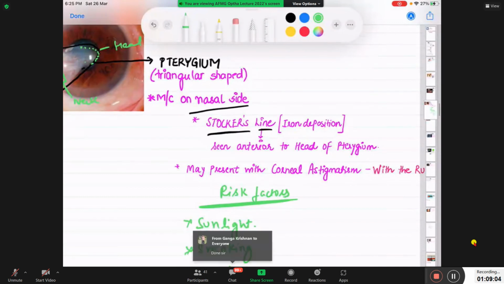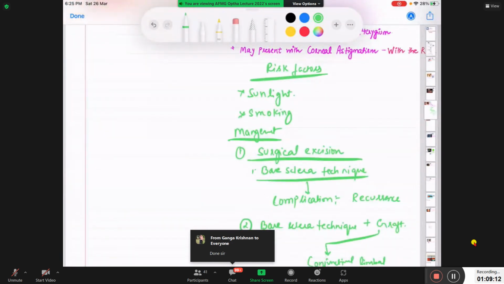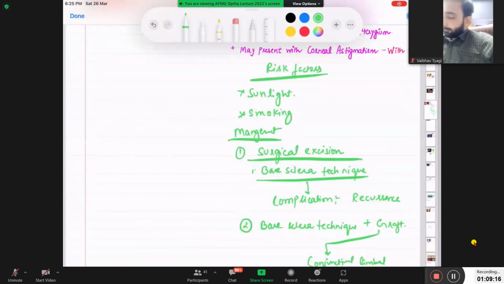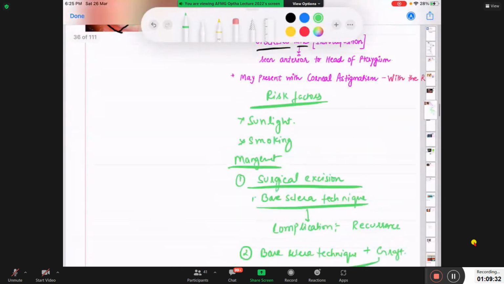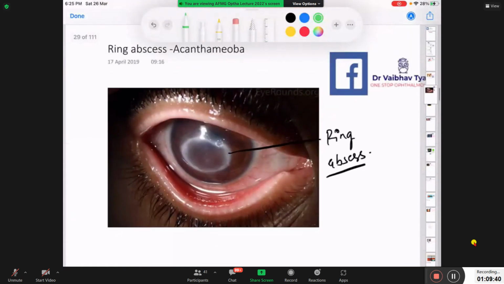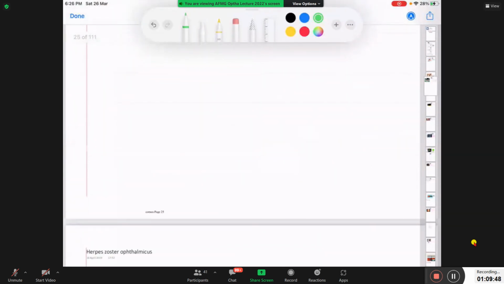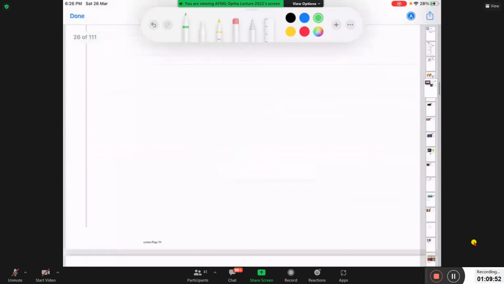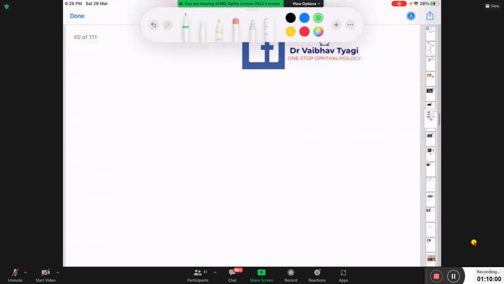With the rule astigmatism is seen in this pterygium.